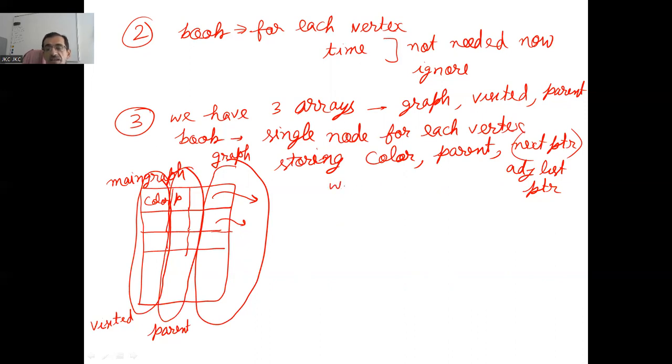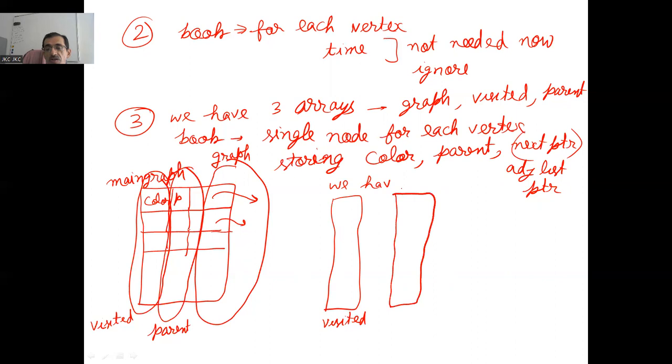We have taken one separate structure for visited, another separate structure for parent, and another separate structure for the pointers, the graph.